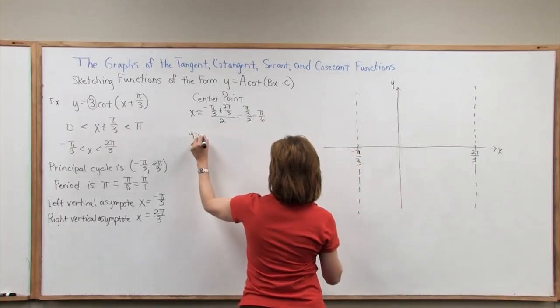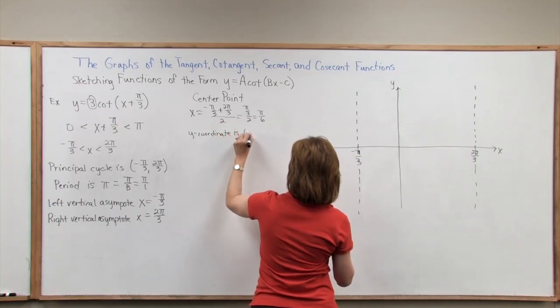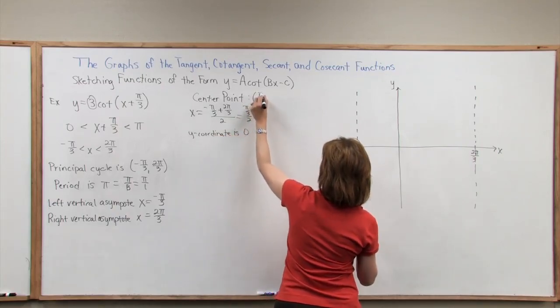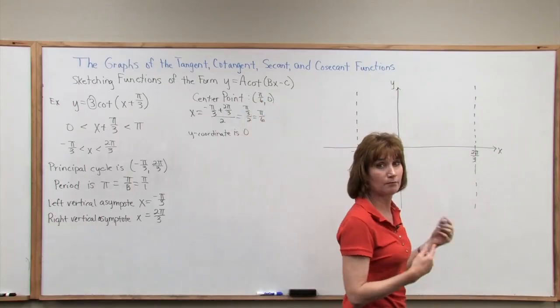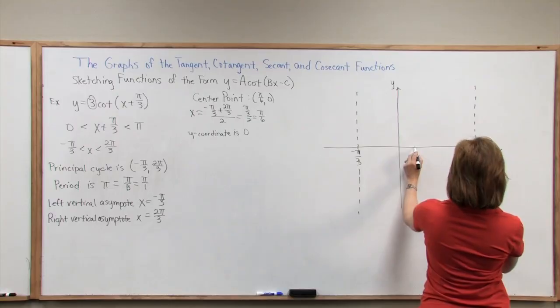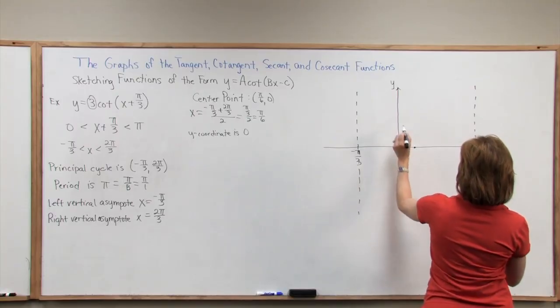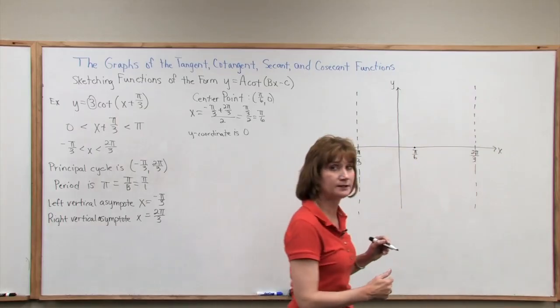And the y-coordinate of this center point is 0. So the center point is (pi over 6, 0). Remember, it's midway between, so let's try to eyeball. That looks about right. So (pi over 6, 0) is my center point.